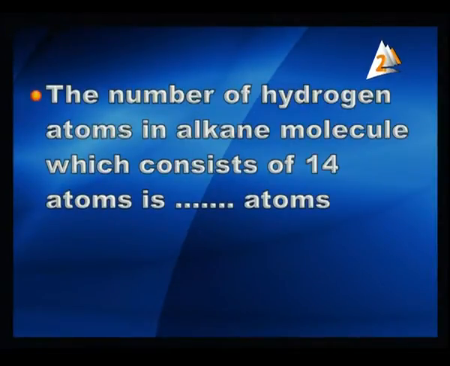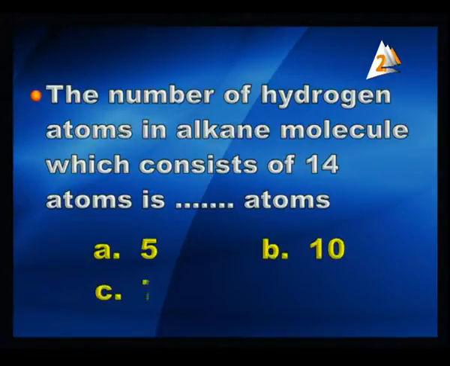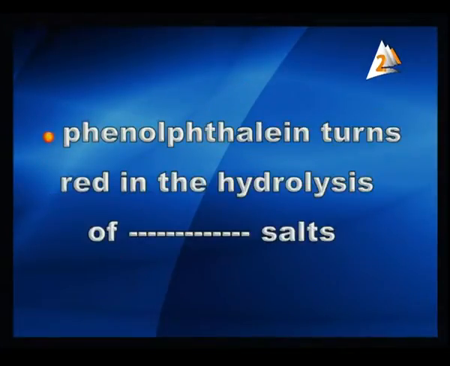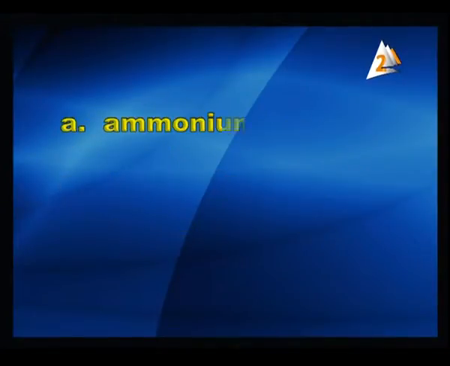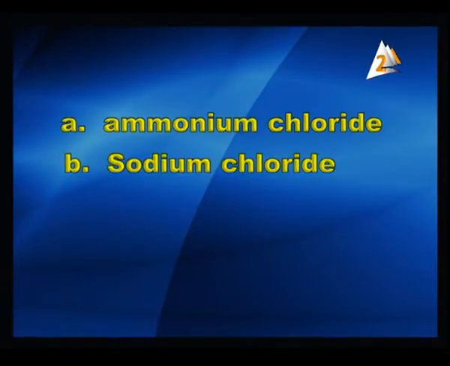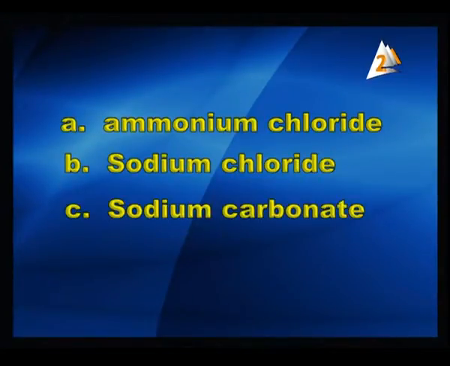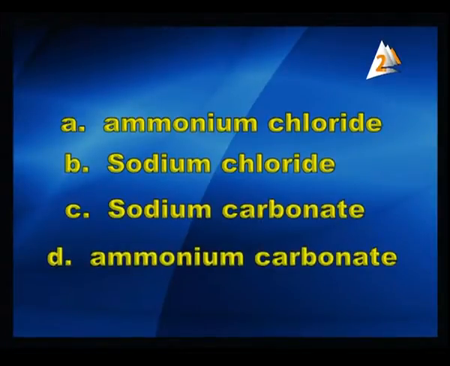Next question. The number of hydrogen atoms in an alkane molecule, which consists of 14 atoms, is what number of atoms? Is it 5, 10, 7, 8? Yes, it will be 10. Phenolphthalein turns red in the hydrolysis of what kind of salts? Is it ammonium chloride, sodium chloride, sodium carbonate, or ammonium carbonate?